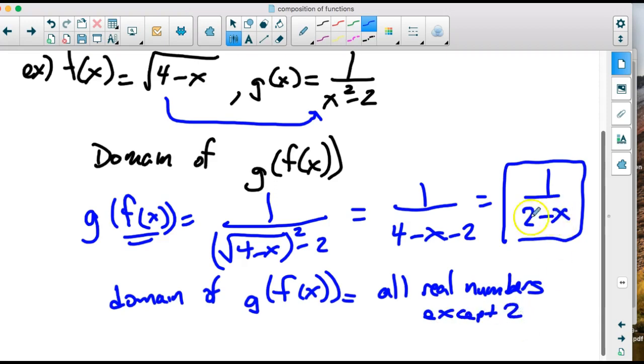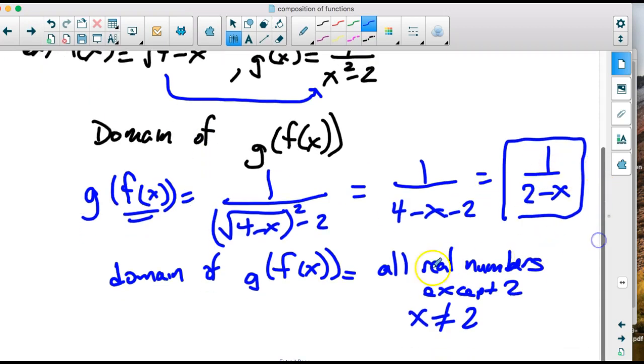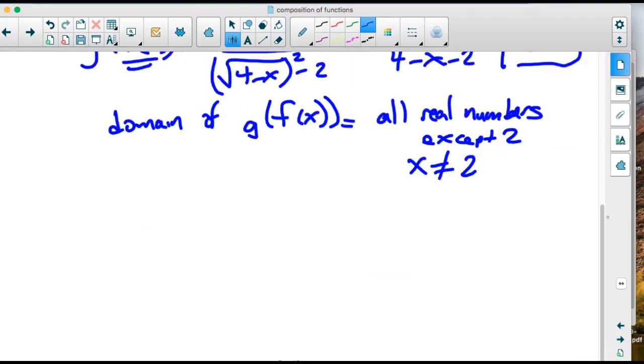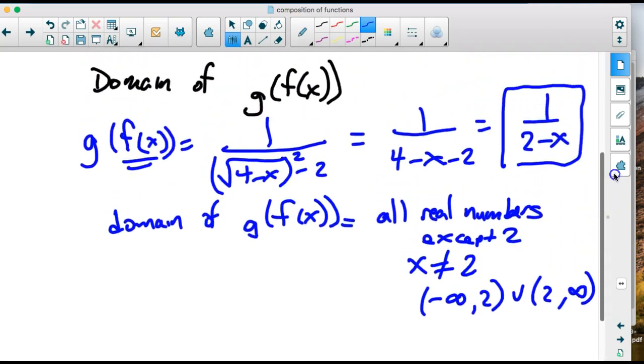Because you can't put 2 in there, you can't have the denominator equaling 0. So we just say x is not equal to 2 for the domain. And if we wrote that in interval notation, it would be negative infinity to 2 and 2 to infinity. That's the domain of the composite.